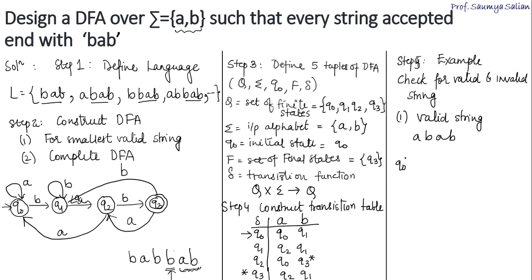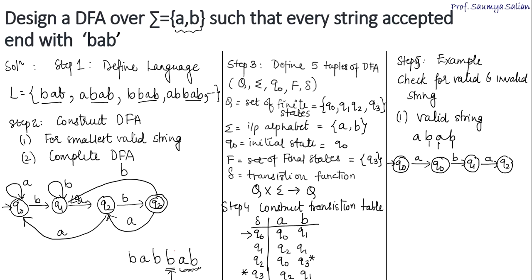So let's begin. Q0 initial state, Q0 on A goes to Q0. Next input B. Q0 on B goes to Q1. Next input A. Q1 on A goes to Q2.